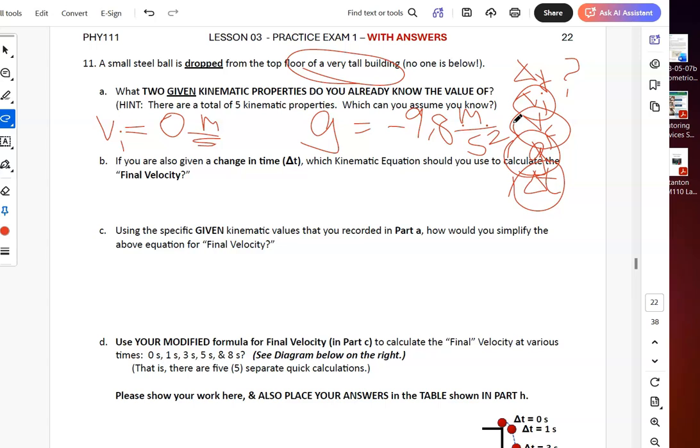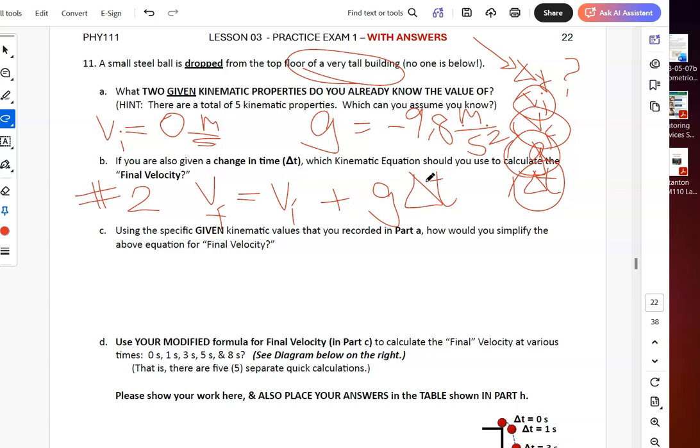So we need a formula that has all 4 of those and does not include displacement. Only one formula fits that, and that would be formula number 2, the one that states that the final velocity equals the initial velocity plus normally our acceleration, but in this case we can replace that with g, times the change in time. So there's our formula.